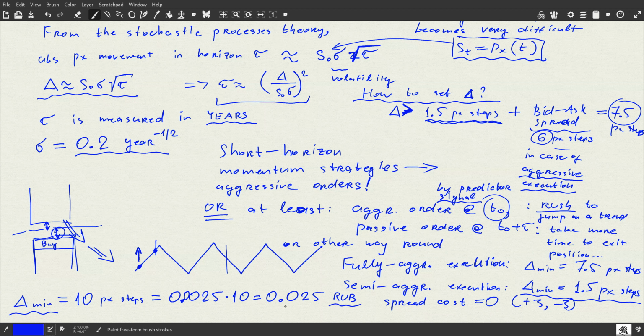Okay. How long is our prediction horizon? How long does it need to be in this case? As we say, tau is delta divided by S0 divided by sigma.